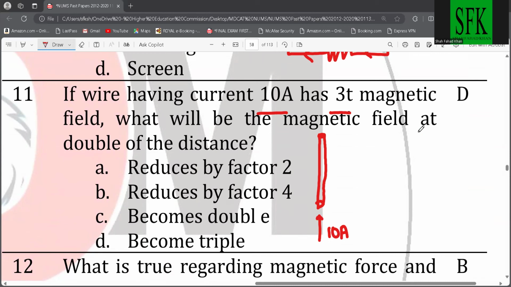Magnetic field has a value of 3T at a particular distance, let's say D. Okay, now they're saying if we double the distance from D to 2D, current is staying the same, I assume. So what would be the new B? Let's just call it B prime.